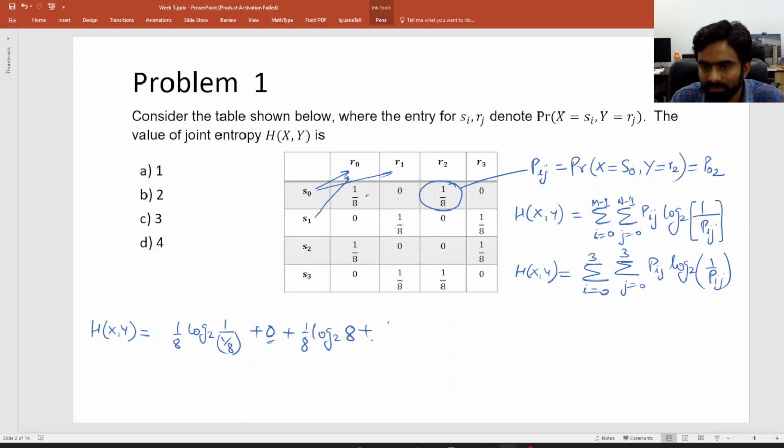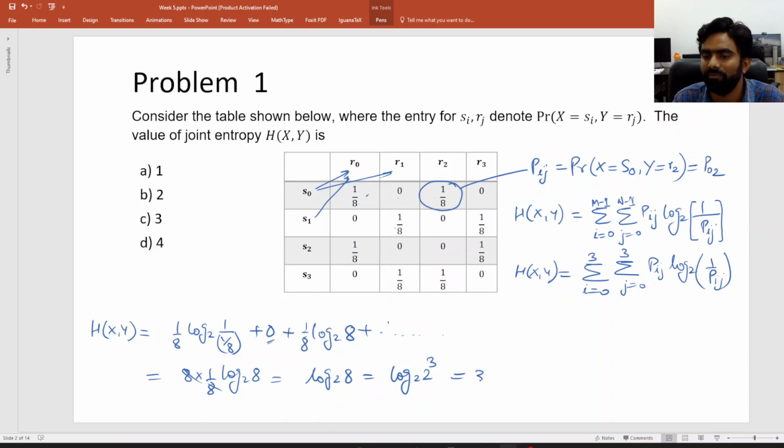Directly we can write 8 times 1 by 8 log base 2 of 8. Log base 2 of 8 is nothing but log base 2 of 2 raised to 3, and it simplifies to 3 bits. Okay.